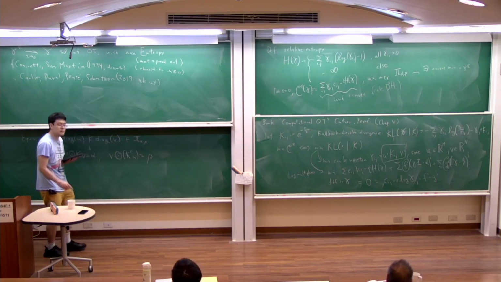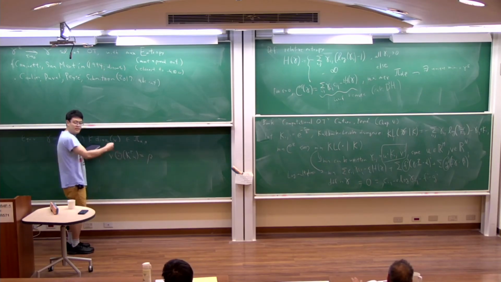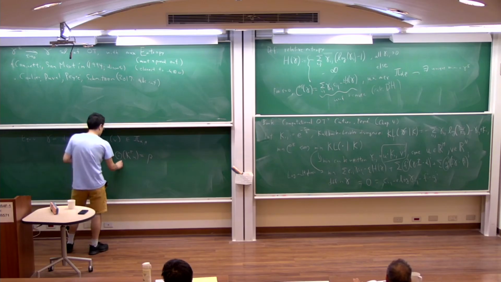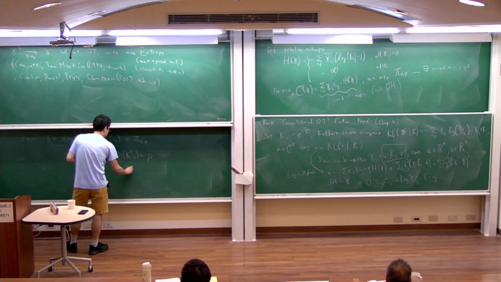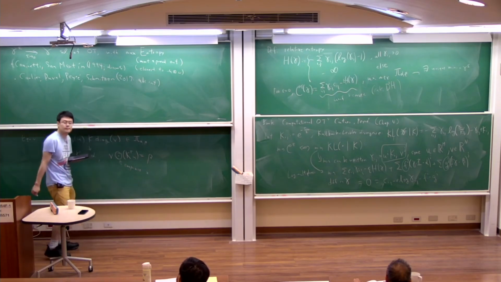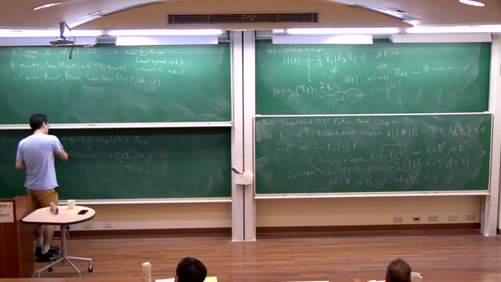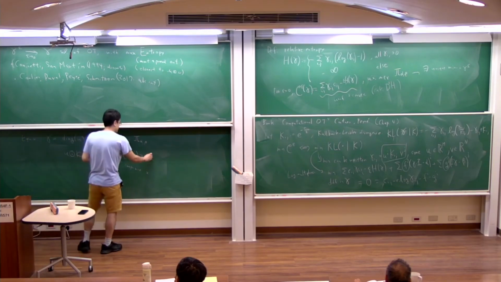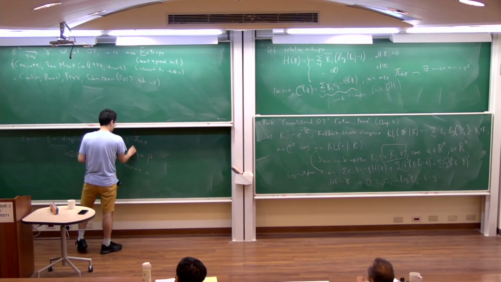So this notation means that I take two vectors and I just multiply their components component-wise. So requiring these two is equivalent to having this condition.